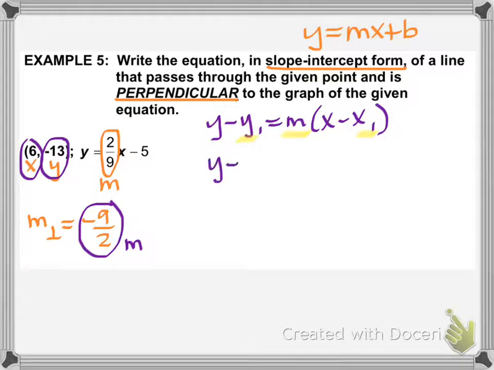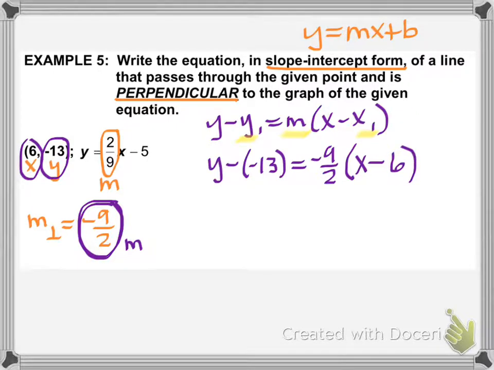So we've got y minus, the y value of our point is negative 13, equals, the slope that we want is this negative 9/2. That's the perpendicular slope, the opposite reciprocal. Parentheses, x minus, the x of our point is 6. Okay, so we replaced the slope, the x and y of our point.